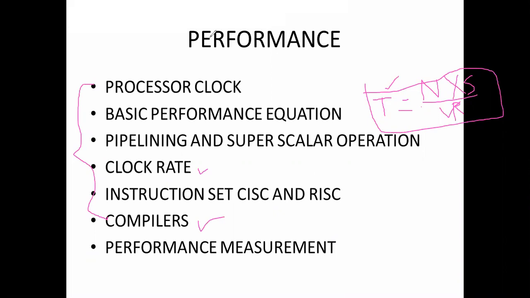Actually, if you are buying a computer, many models are there. Suppose we try to purchase one computer, how do we select the computer model? Based on the performance only. Depending on our requirement, we select the computer model first.